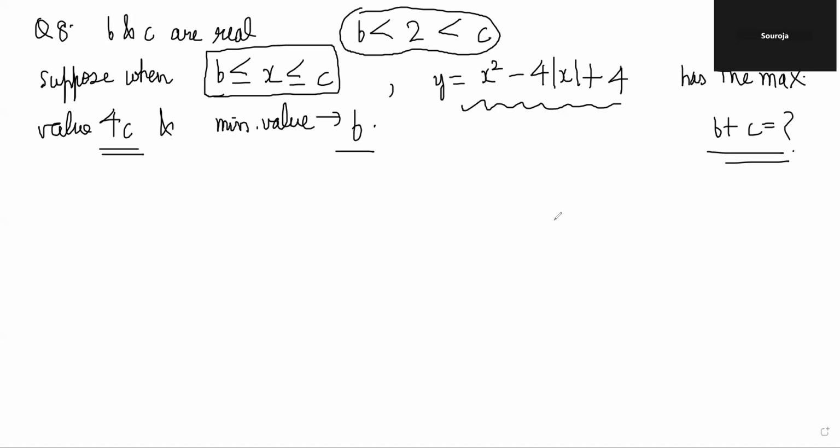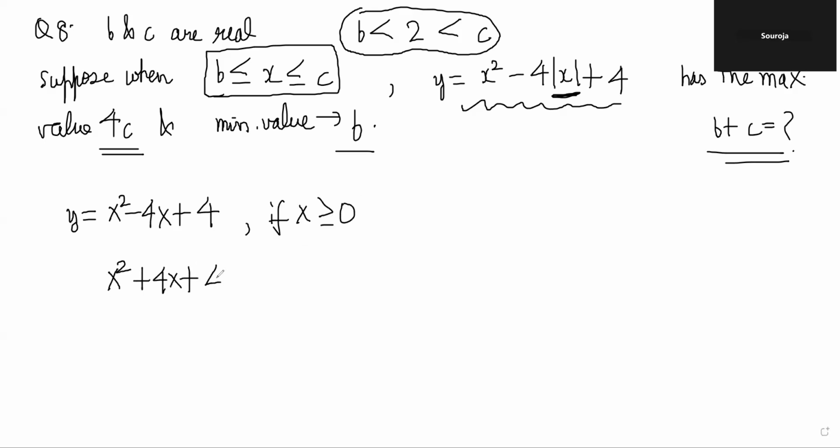Okay. So this expression, because of the absolute value sign, you should realize that the graph will be x squared minus 4x plus 4 if x is greater than or equal to 0, and x squared plus 4x plus 4 if x is less than 0.